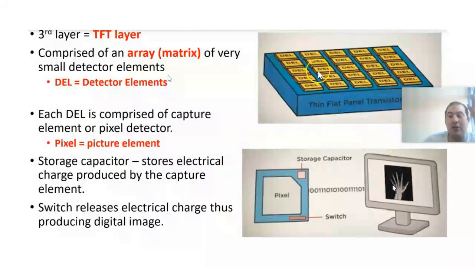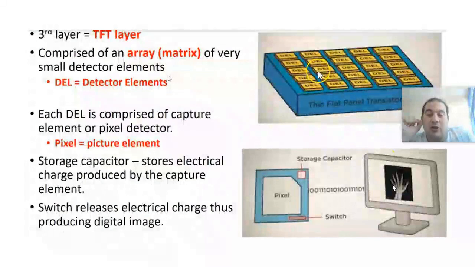The function of any electrical capacitor in the world is to store electricity, to store the charge. Once the electricity is stored, I want to send this charge or not. I can control it through the switch. The switch will tell you to send it now or not. This mechanism is what is referred to as the thin film flat panel detector.